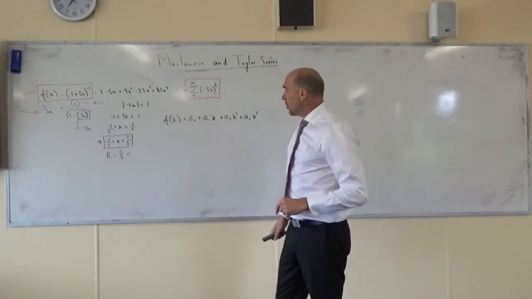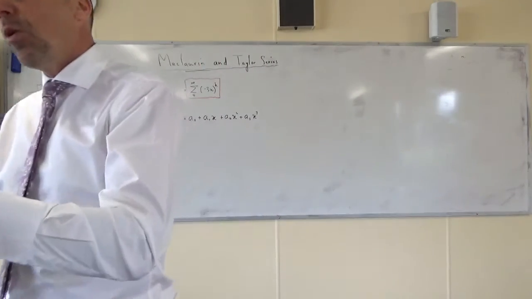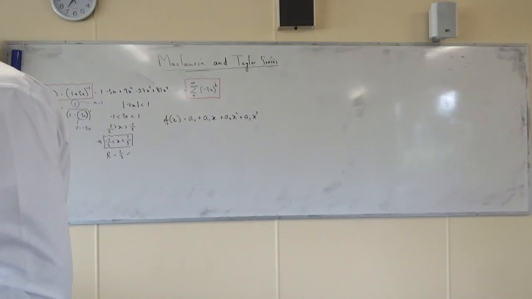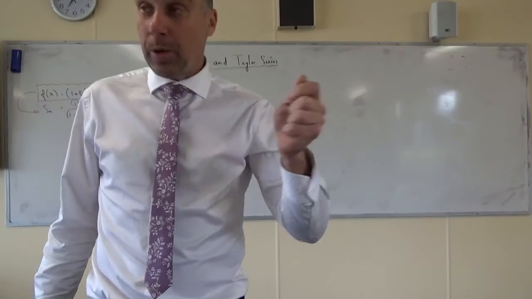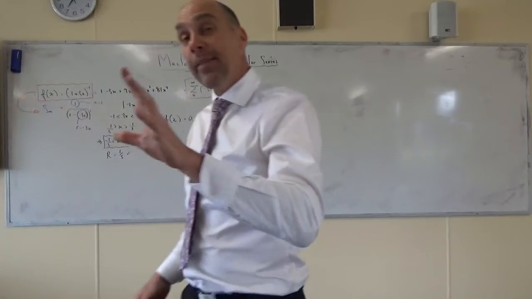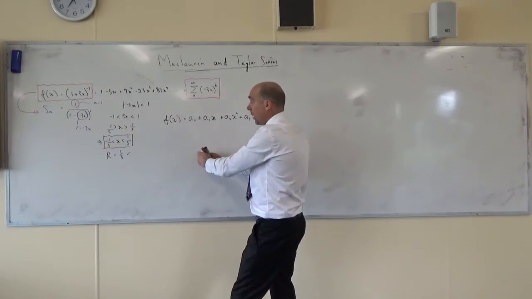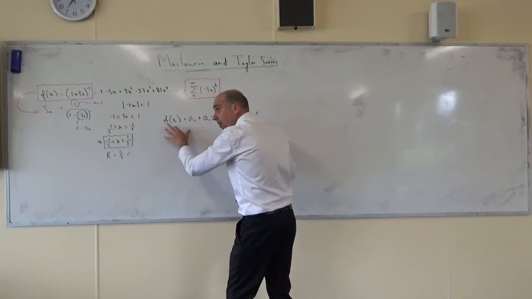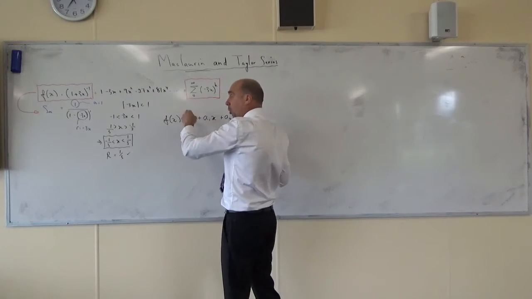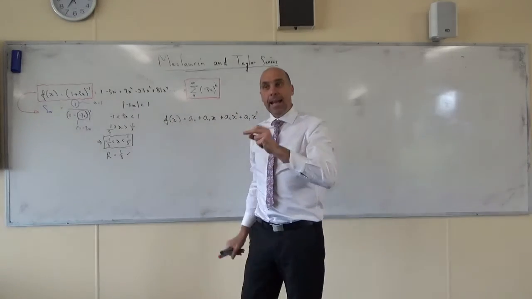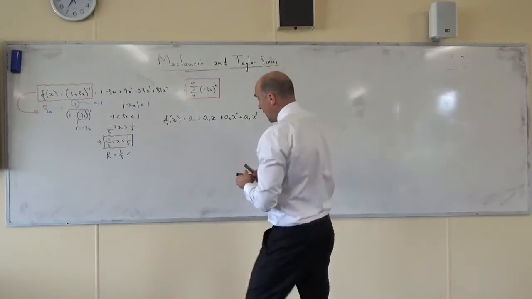The function that I'm trying to write a series for is going to be based around a point. It's going to hinge around a point, and that point is x equals 0. So I'm going to find a series from a function, and this series is going to be equivalent to that function and accurate to that function around the point x equals 0.